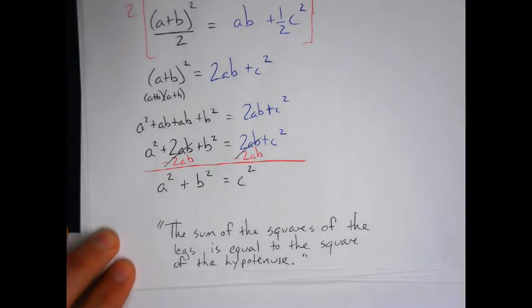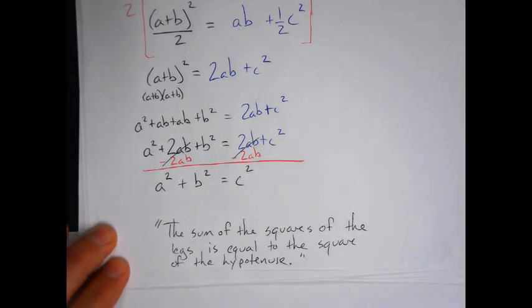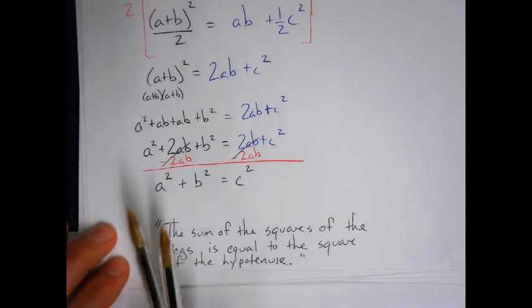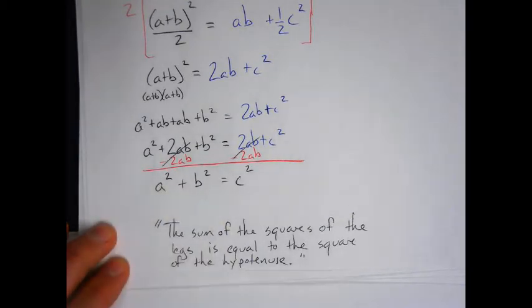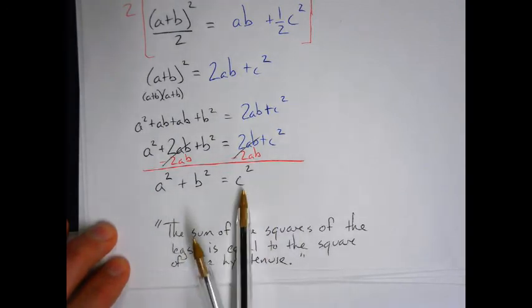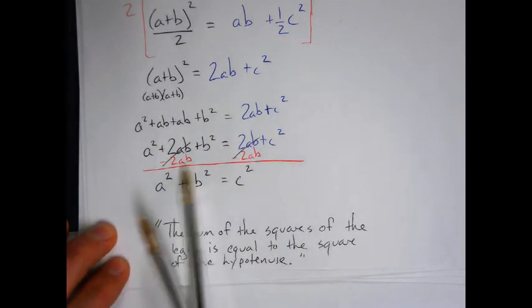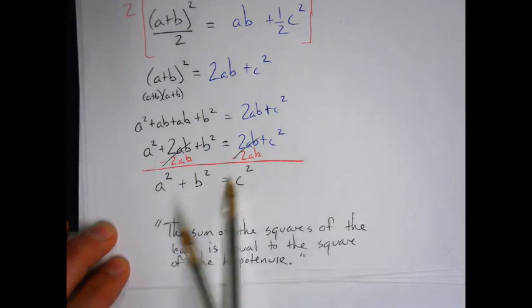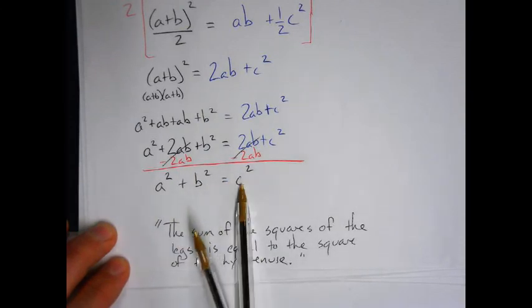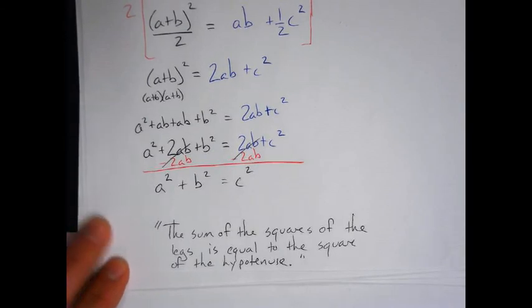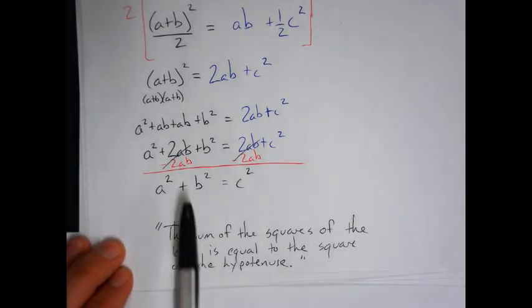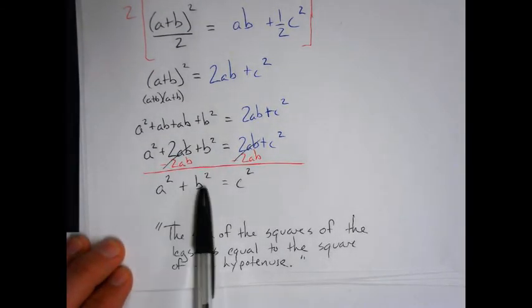What the Pythagorean theorem states is that the sum of the squares of the legs of a right triangle is equal to the square of the hypotenuse. The sum of the squares of the legs is equal to the square of the hypotenuse. Please recall that: sum square legs equal square hypotenuse.